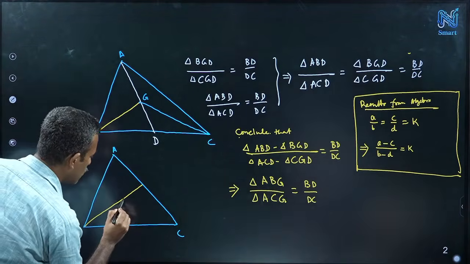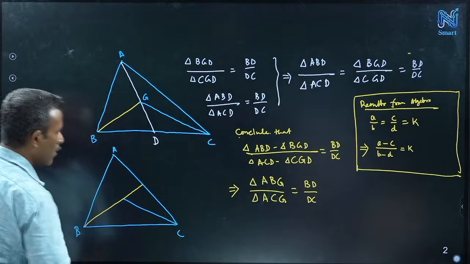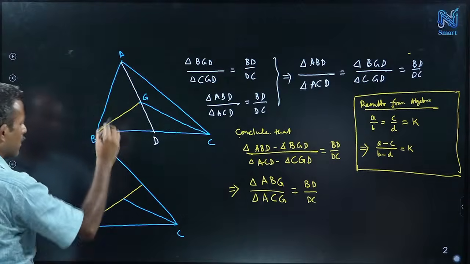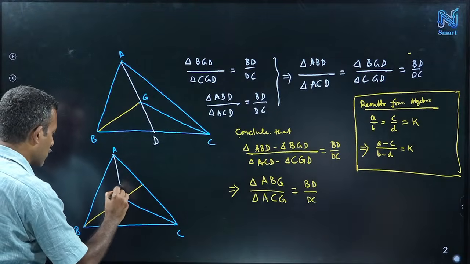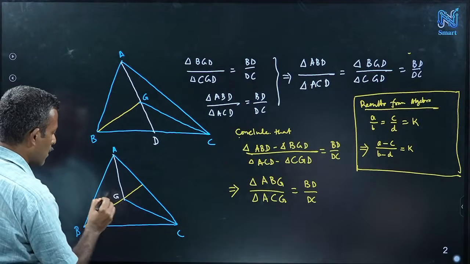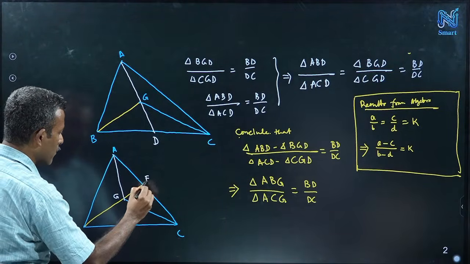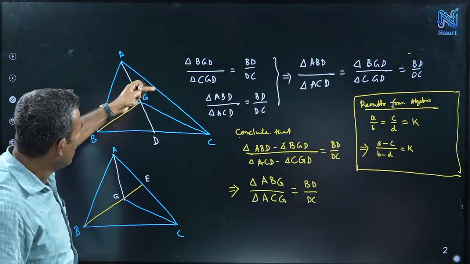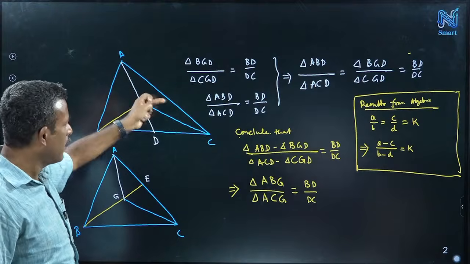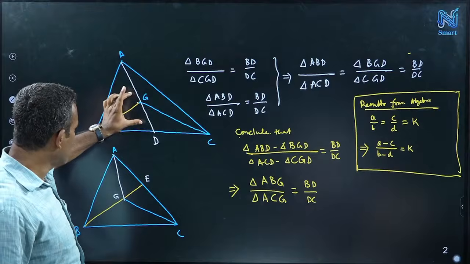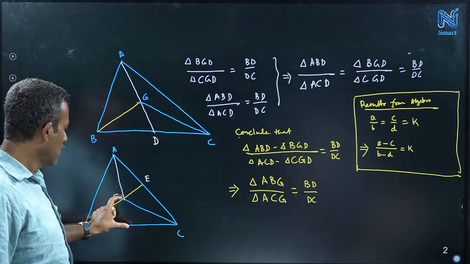We just draw up to this, not full, and we draw that AG, not the full. So this is G, and say this is E. So we have a new point. We extend BG and it meets AC at E, right? And we just erase that GD part.